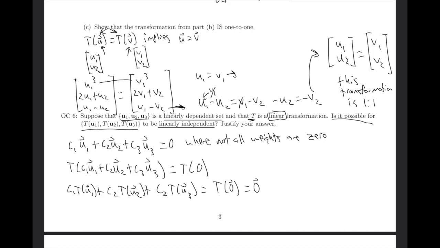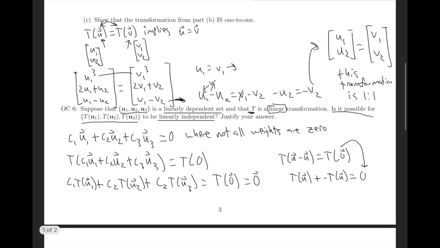This is like saying T of U, some arbitrary U minus some arbitrary U, is equal to T of 0. If we break this up, we have T of U plus negative T of U, and this is just equal to 0. So what we are essentially saying is T of 0 is 0 always.